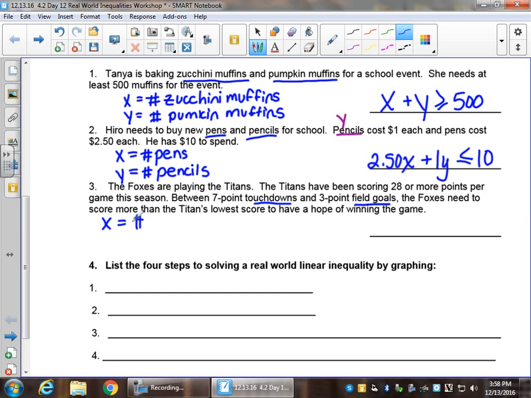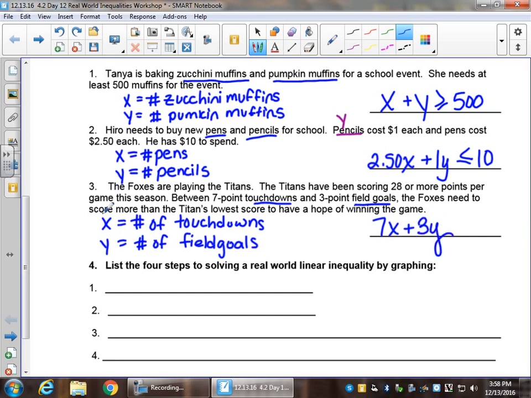So X will be number of touchdowns. And Y will be number of the field goals they score. Seven points per touchdown plus 3 points per field goal.